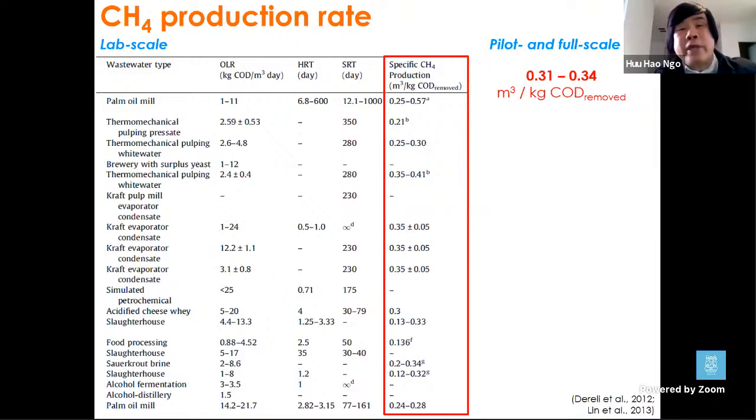The only thing that gives us a headache when we work on methane is the dissolved methane. Why can we not collect 100% methane from the anaerobic MBR? Because about 50% or 40% or whatever dissolves in the wastewater.